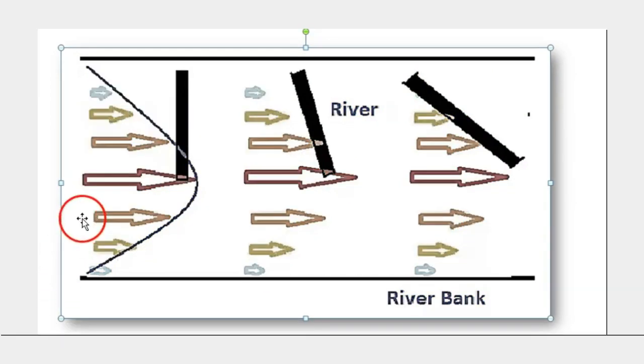Now, one may be interested in finding out how much the stick will rotate. The more the velocity difference from the center to the bank, the more the stick will rotate.